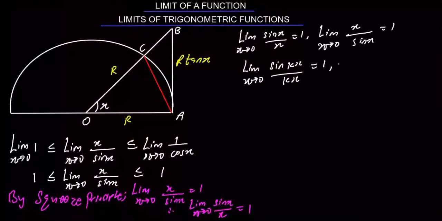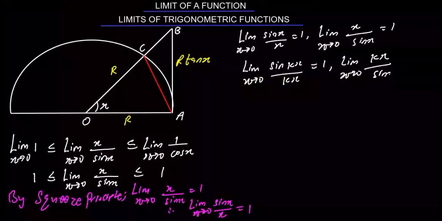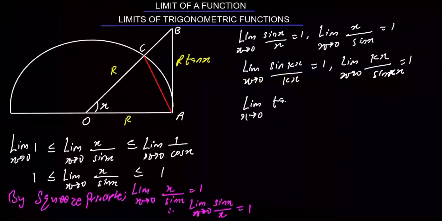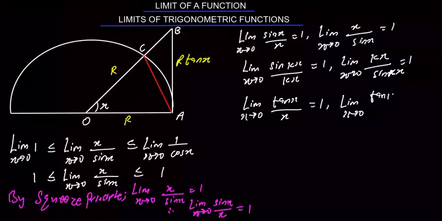Also, similarly, if I invert it, as x tends to 0, kx over sine kx is also equal to 1. What if I have the limit as x tends to 0 of tan x over x? It is equal to 1. And also the limit as x tends to 0 of tan kx over kx is also equal to 1.